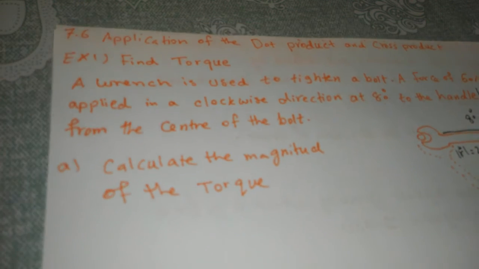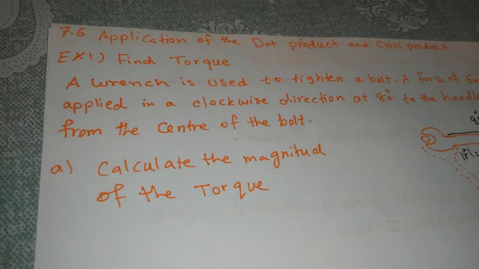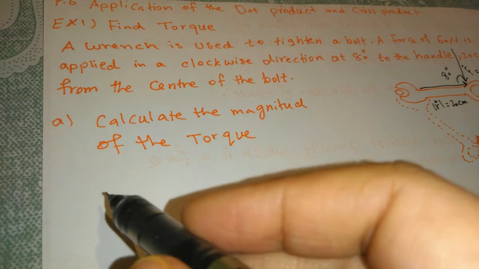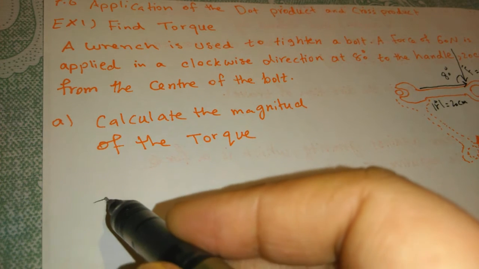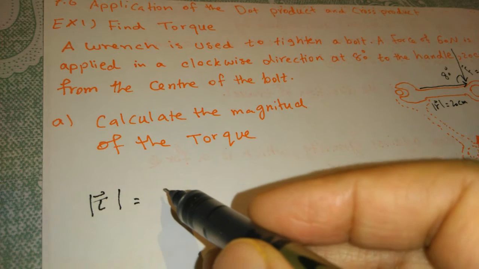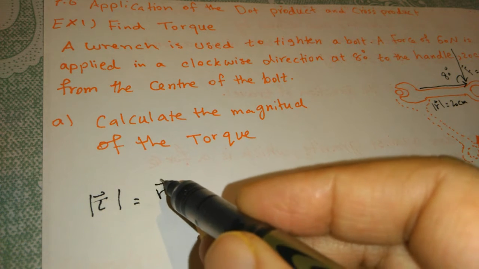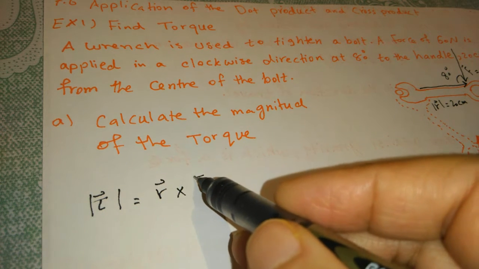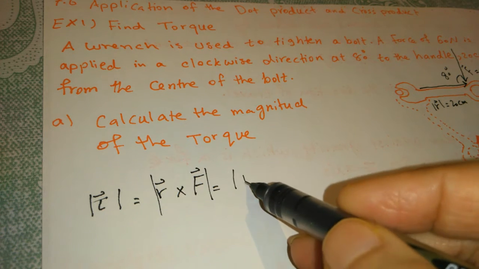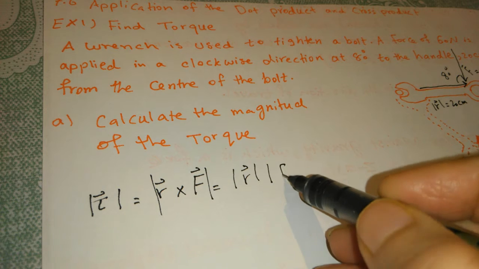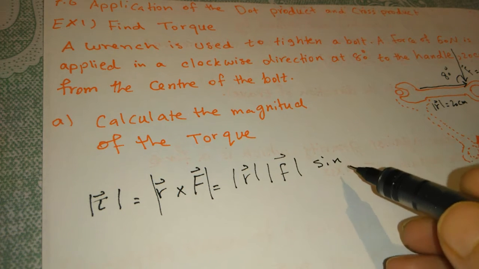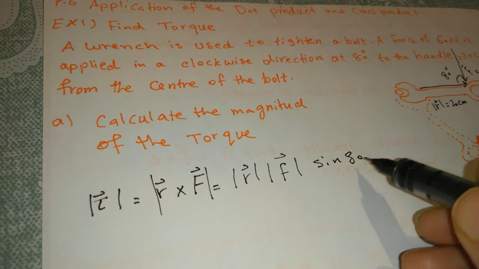So you know the equation for the torque. Tau, which is the torque, is equal to r cross the force. So it's going to be the magnitude of r, the magnitude of the force, and the sine of the angle between them, which is 80.